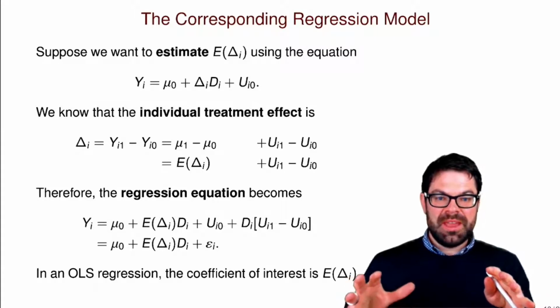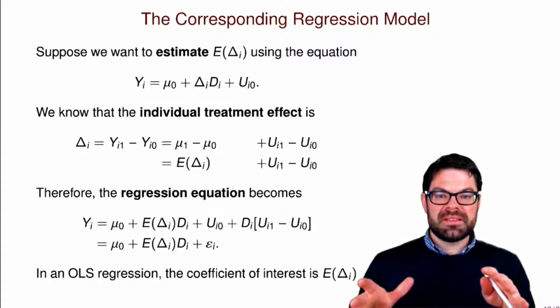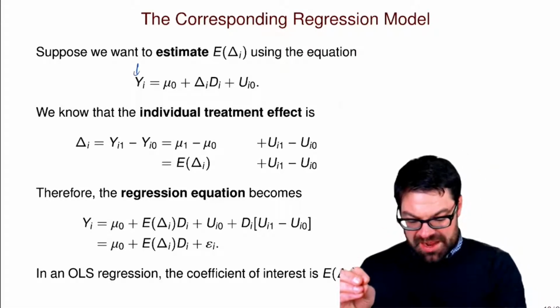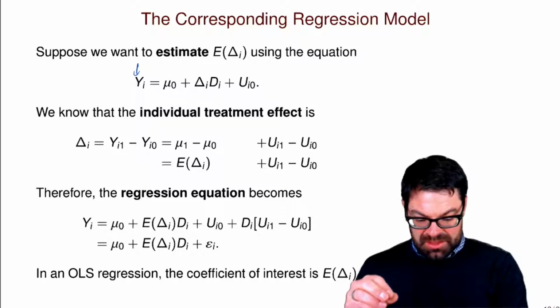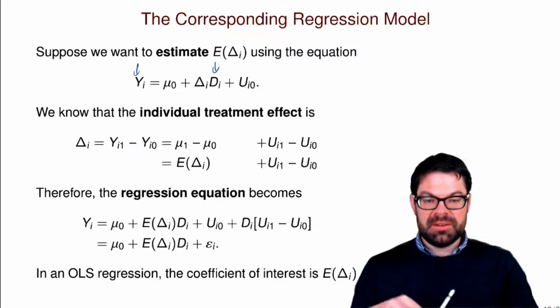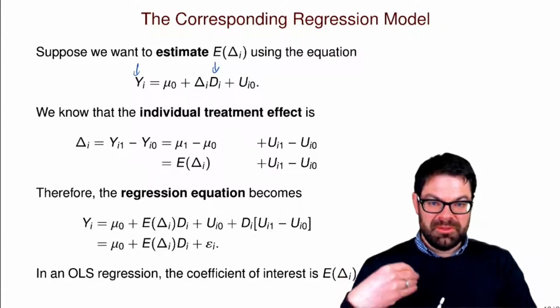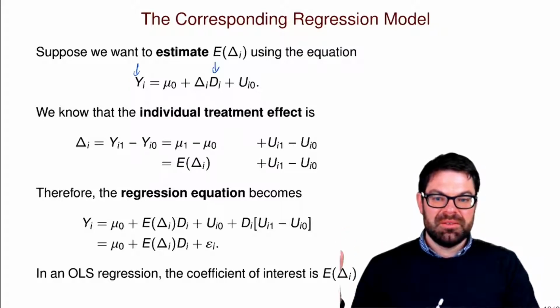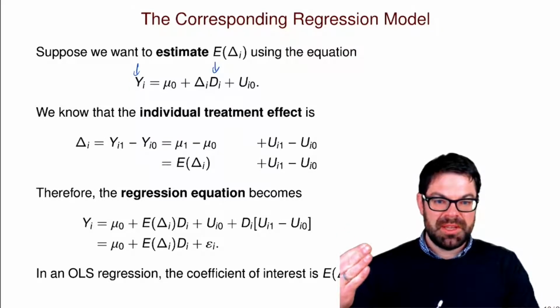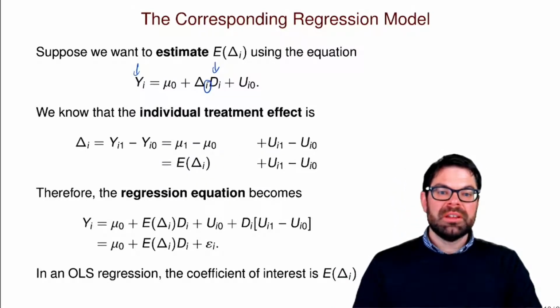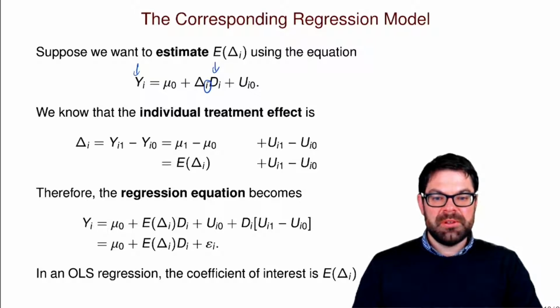And so what we would regress is the outcome on a dummy of whether the person has been treated or not. Right? That would be the very basic regression. Okay? But here, notice that we still allow the treatment effect, the individual treatment effect, to vary across people.